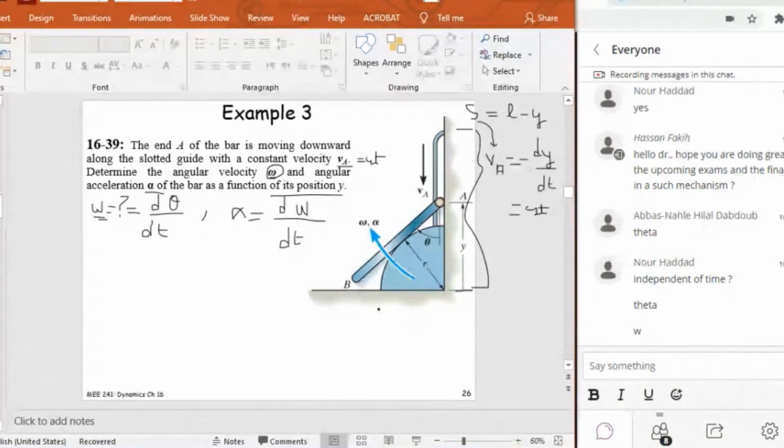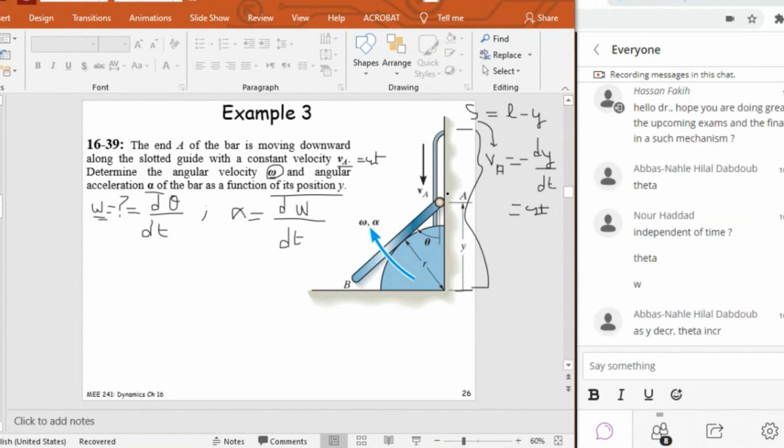If you take a look at this figure, what is the numerical relation between theta and y?